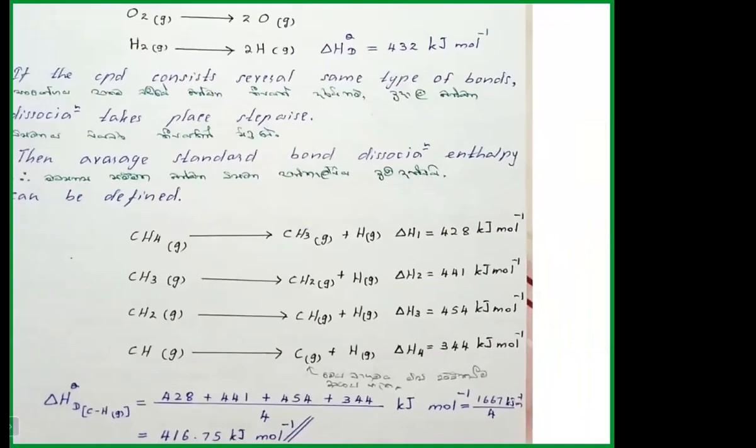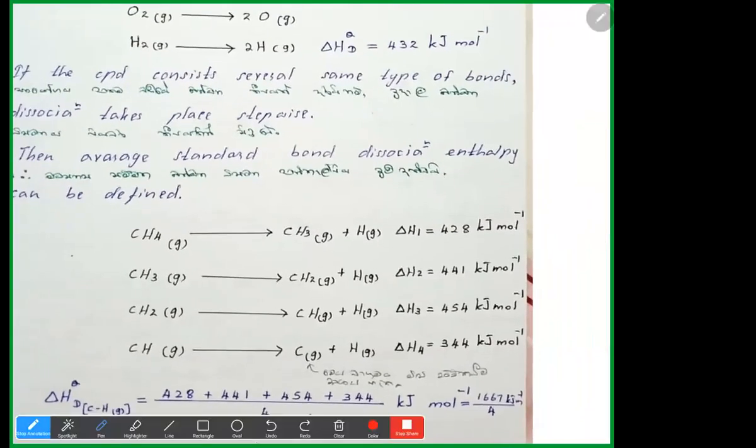Okay, but let's say that CH4 has 4 identical bonds. But once you break 1 bond, its bond lengths, bond angles, everything is rearranging and changed according to VSEPR theory, you guys know. So if there are 4 identical bonds and you are breaking them one by one, once you break one, the other 3 are rearranging and changing.